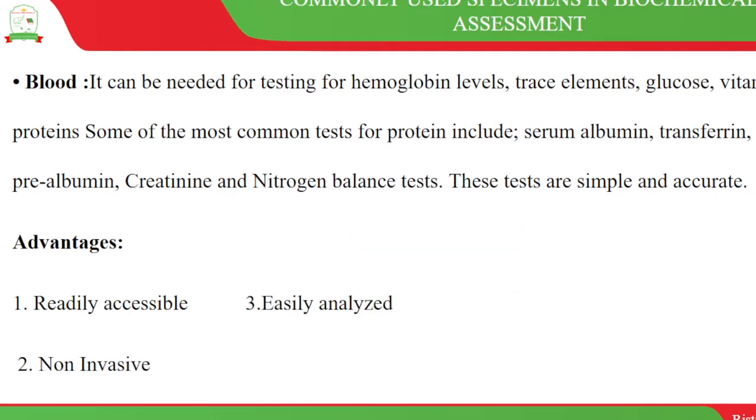Then the specimens that are commonly used in biochemical analysis are: one, blood. This is needed for testing of hemoglobin, trace elements, glucose, vitamins, and also proteins. Some of the common tests for proteins include serum albumin, transferrin, prealbumin, carnitine, and the nitrogen balance test.